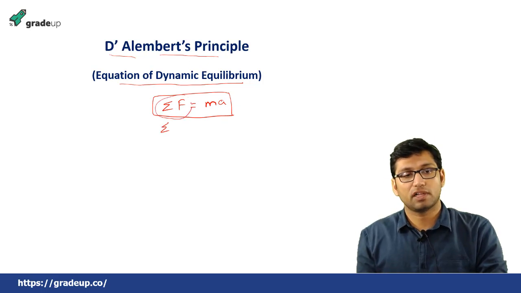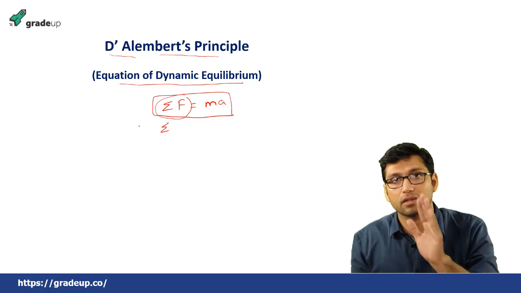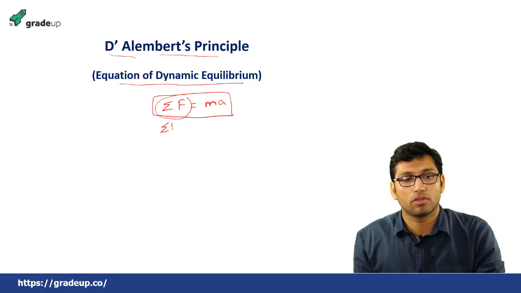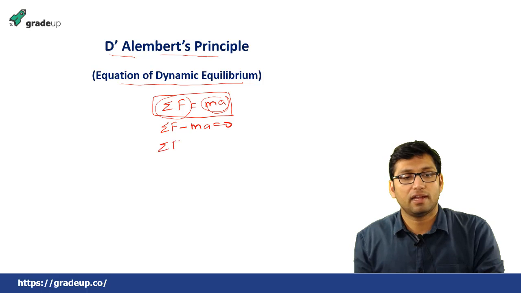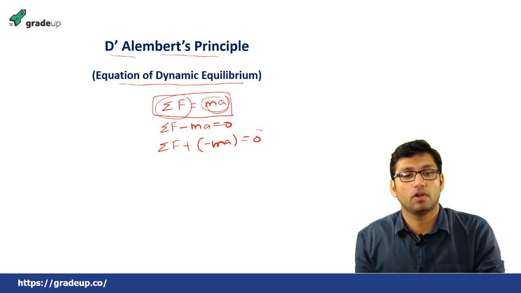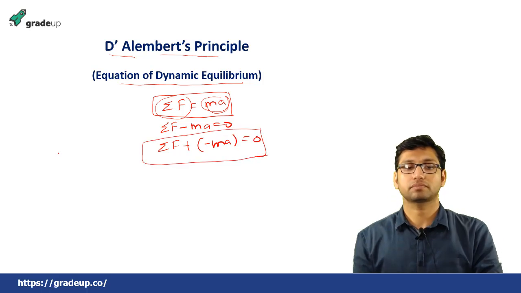This force is the resultant of the external forces acting on the particle, and this is the force due to inertia. If we bring it over here, we get summation of F minus ma equal to 0. Also we can write it as summation of external forces plus minus ma equal to 0.